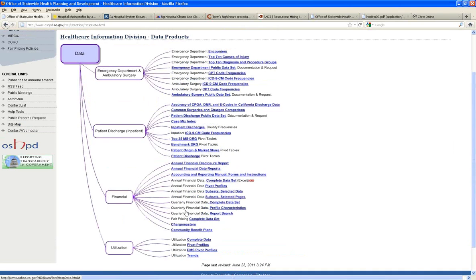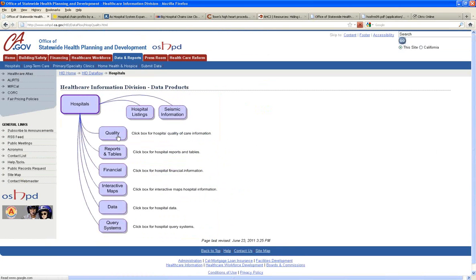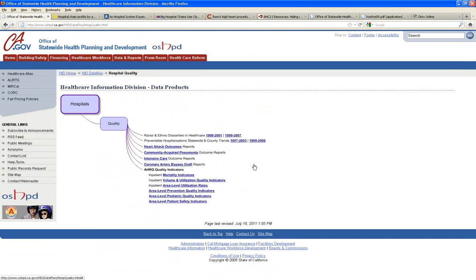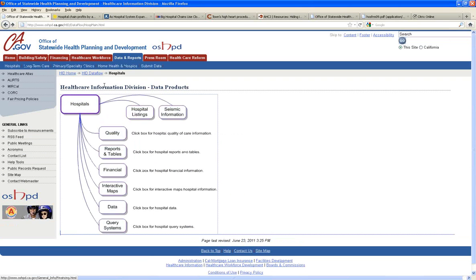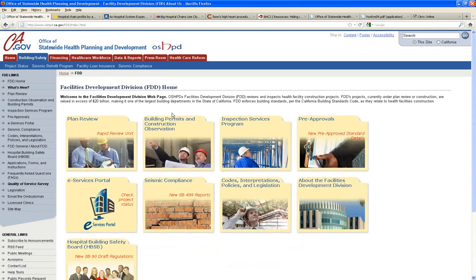There are also quality reports that are released by OSHPD, with quality information available. We won't be talking about those, but they're worth perusing. They release information about seismic preparedness at hospitals, and you can see whether your hospital is equipped to handle an earthquake or whether patients are going to be put in harm's way.